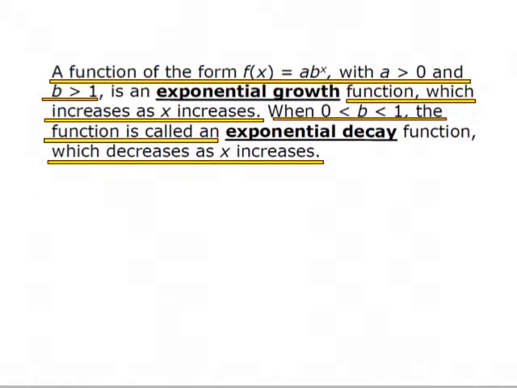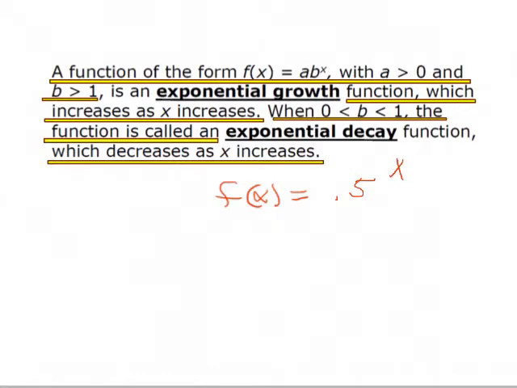Now, what happens if your b value is between 0 and 1? Let me give you an example. Let's say that I give you f of x is equal to a, and it could be any a value. So let's just give it a value. I'm just going to say it's 1. But my b value is, say, 0.5 raised to the x power.